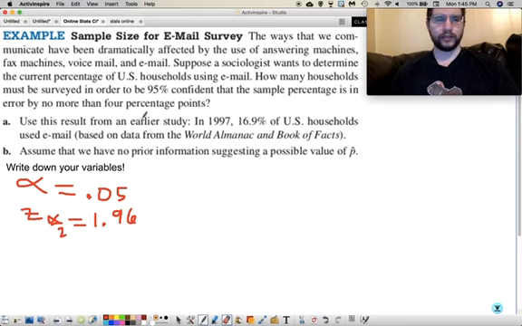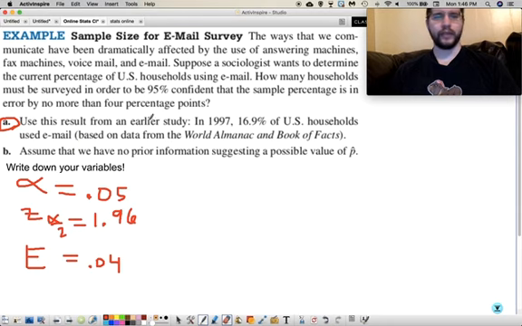Let's see, what else? It tells us our error is no more than 4 percentage points. So error is 0.04. Always make sure you convert your values to a decimal. That way they like to work together.